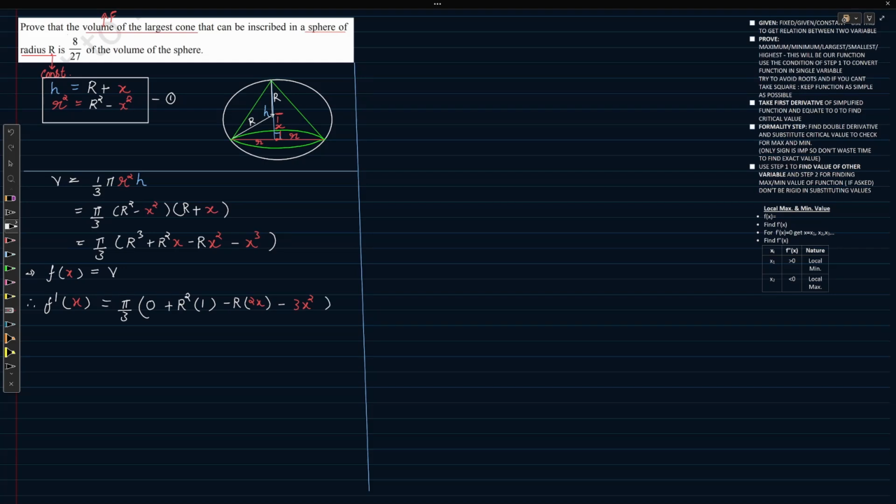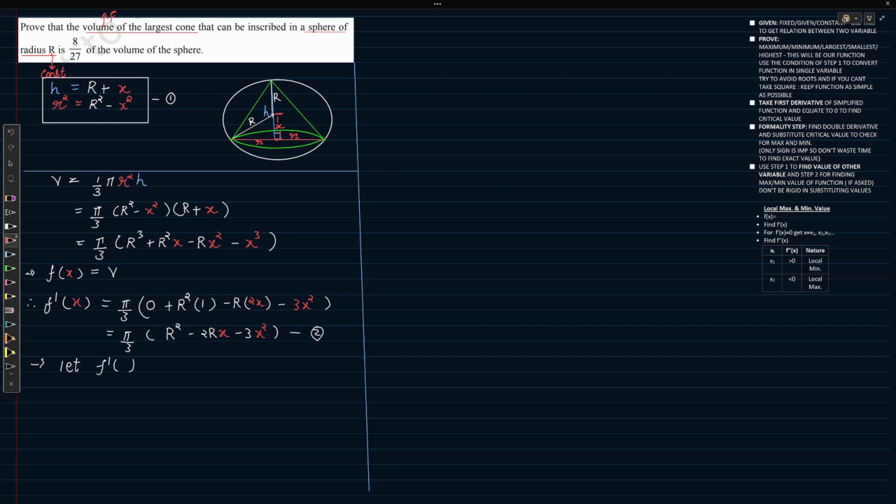Okay, done, which is equals to pi by 3 capital R square minus 2R into x minus 3x square. Okay, done. Let this be our equation number 2.